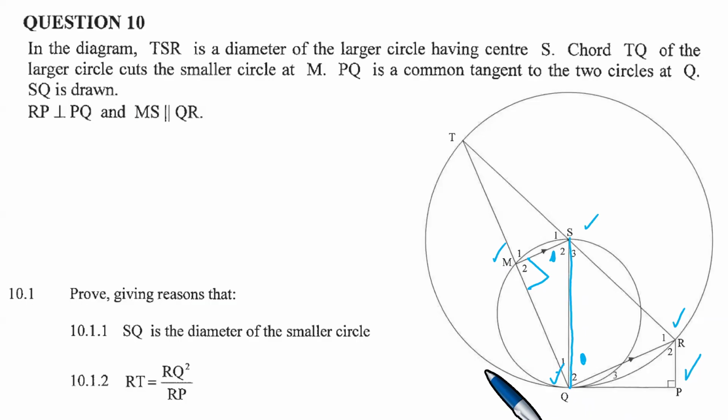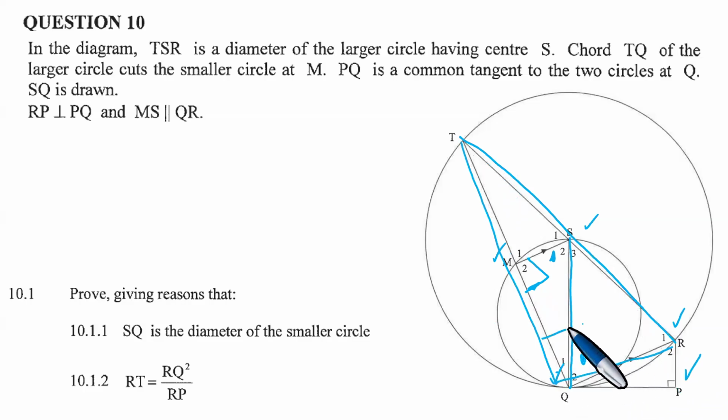So we continue. Now at this point, the angle M2 must be 90 degrees. You need a 90 degrees, but you already have it, because this one is the diameter, and a diameter subtends an angle of 90 degrees at the circumference of the circle.